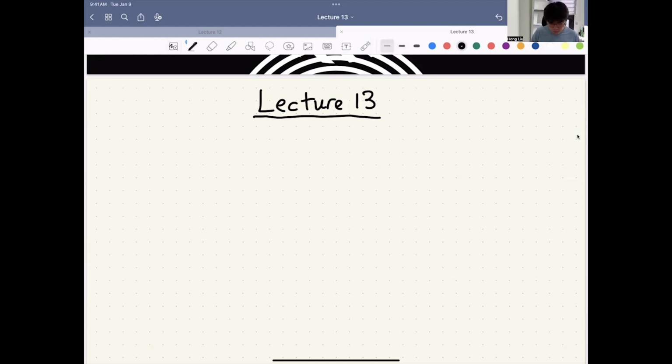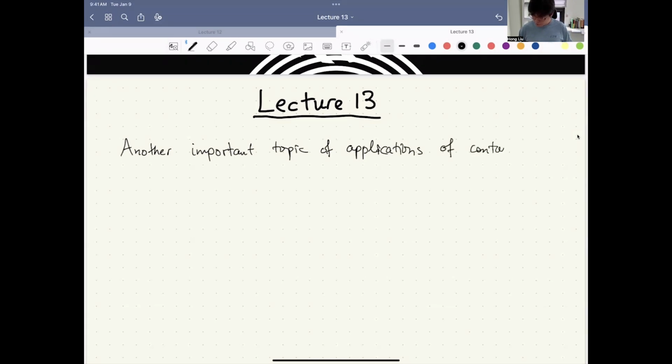So another important topic of application of container theorem is the sparse analog of classical theorems.